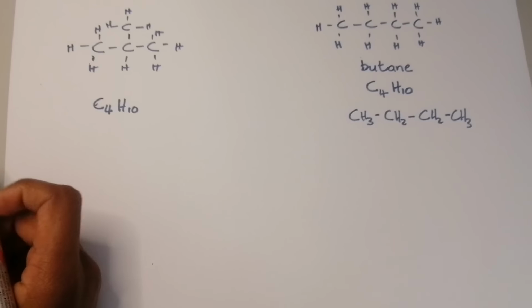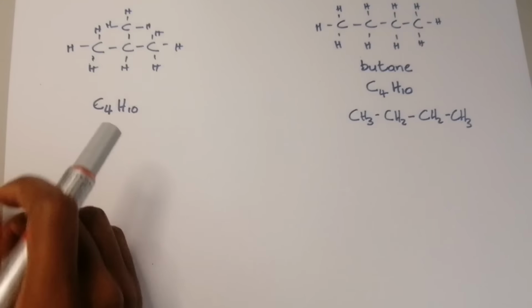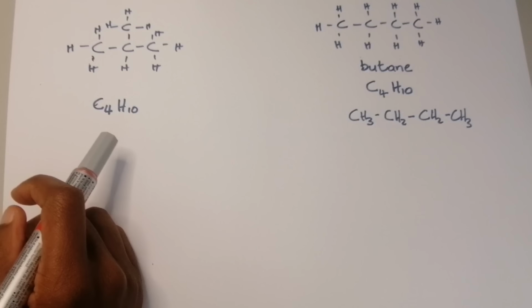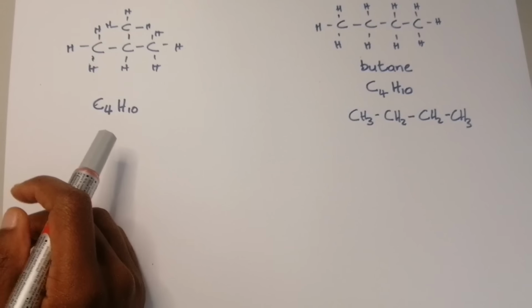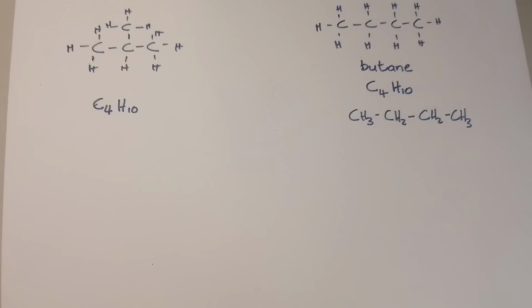If you've got double bonds, you always number from the side that is closest to your double bonds, or triple bonds, or any other functional group for that matter. And then secondly, you number so that it gives you the lowest combination of numbers.